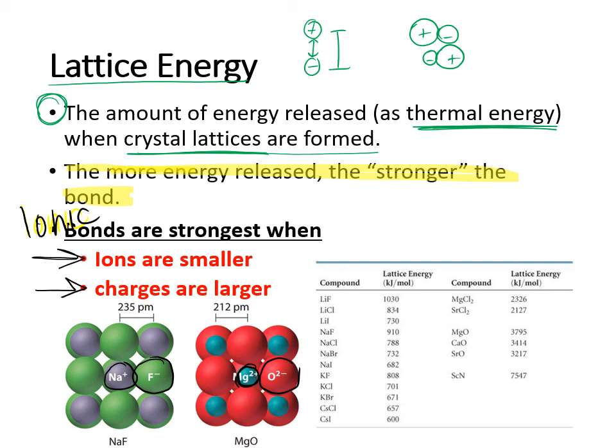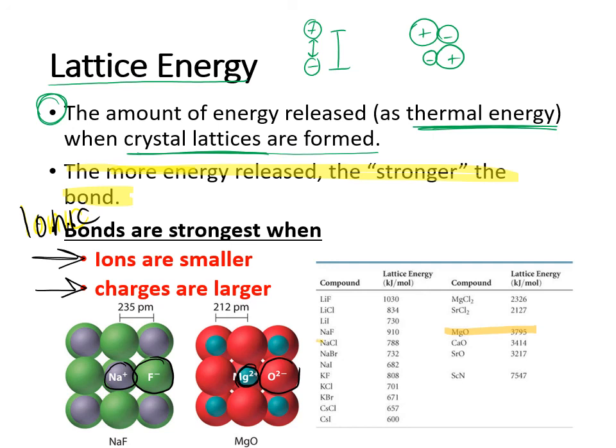Let's look over here. If you look on this table, you see magnesium oxide is 3,795 kilojoules of energy per mole. So for 1 mole of magnesium oxide to form, 3,795 kilojoules is released.